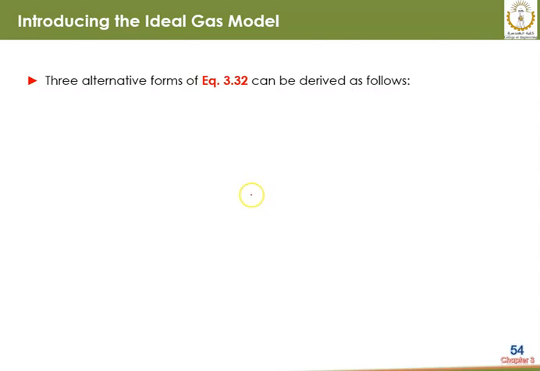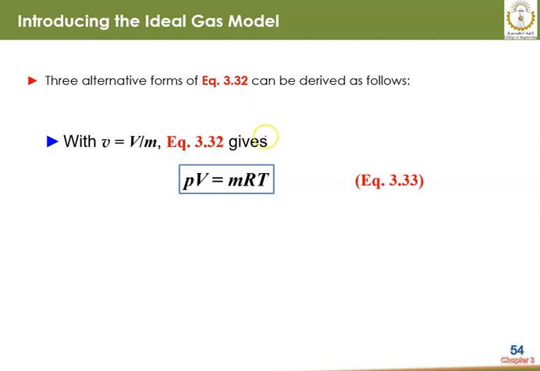The ideal gas equation, I'm sure that you did deal with that in earlier courses, maybe physics, and there are many forms. The form that we are going to use in this course, the main form, is this one: PV equal mRT. P is pressure, V is the volume, m is the mass, R is the gas constant, and T is the temperature in Kelvin.